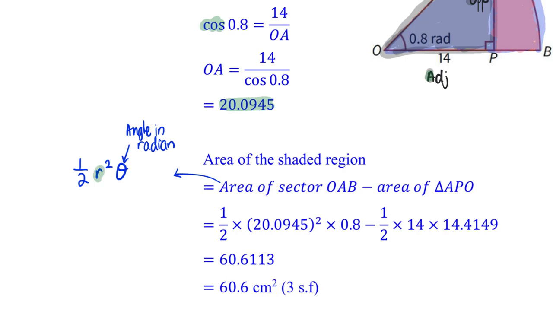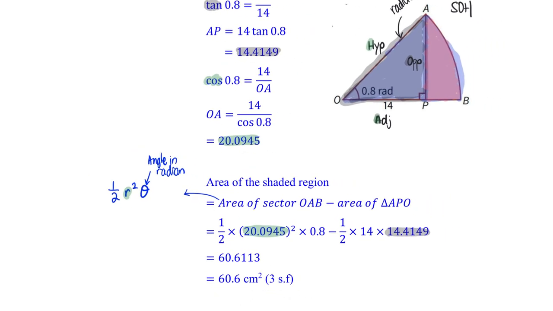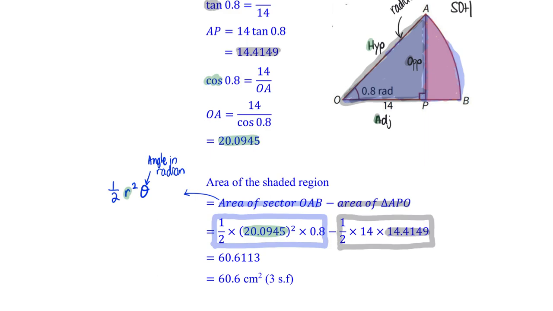Radius, the angle 0.8, half times base times height, 14 times 14.4149, and after that I minus away so that I get my blue color area minus away my black color area. So this whole thing is my blue color area, minus away my black color area, which is the triangle, to give me my final answer, 60.6 cm squared in 3SF.